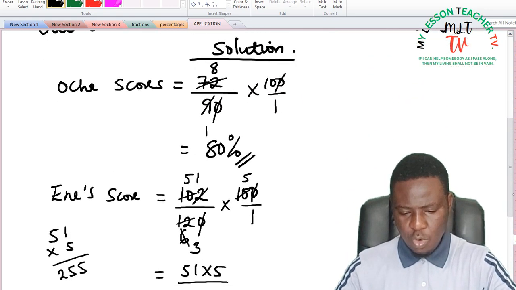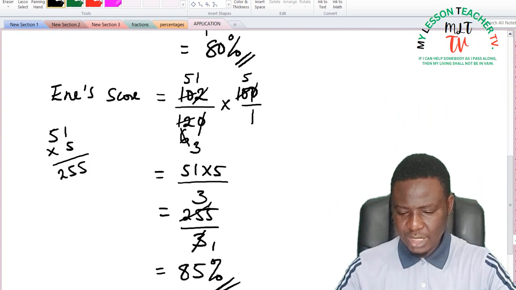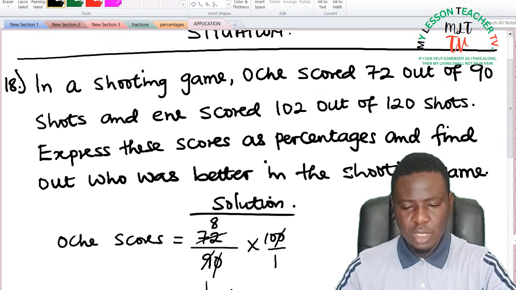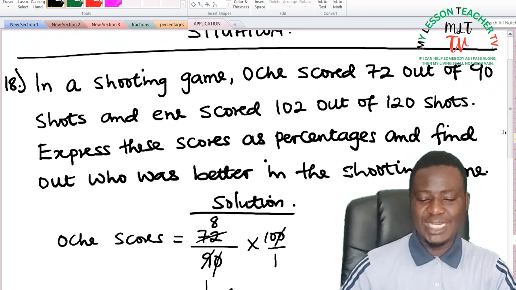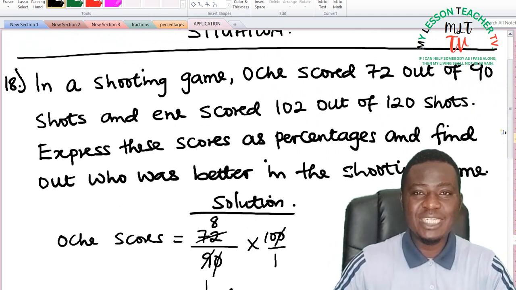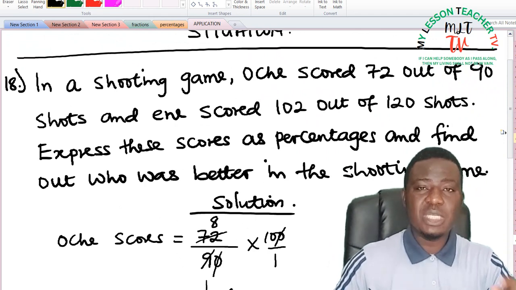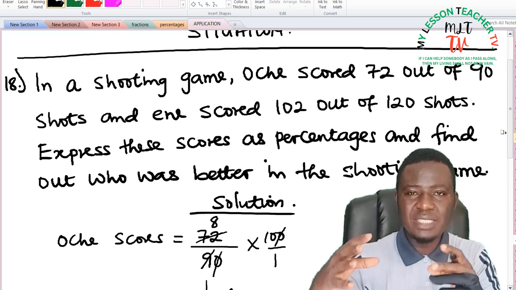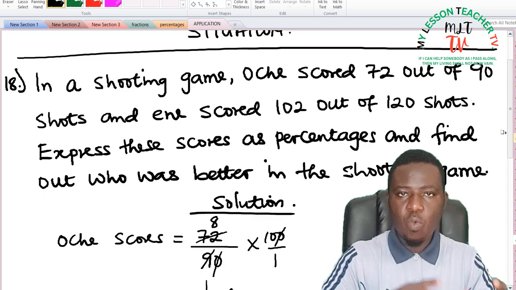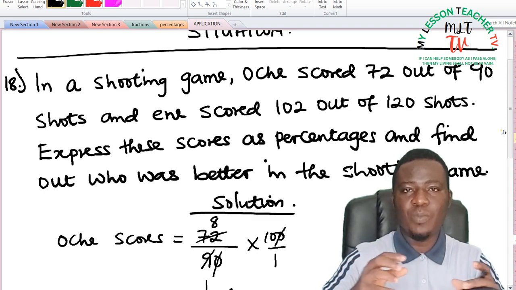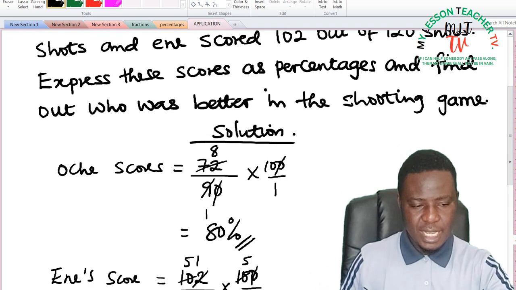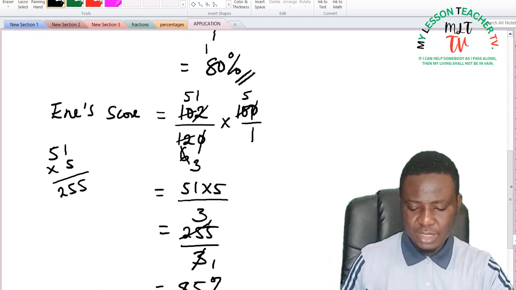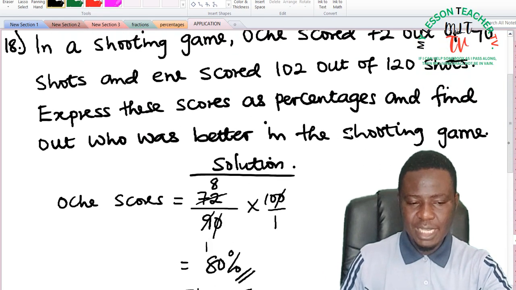So when you compare Ene's percentage with that of Oche, wow. Ene did better because Ene's percentage is 85%, but it is not in all cases. Now you can best tell who has the best score when you have converted it into percentages. In this case, Ene had 85%, while Oche has 80%.